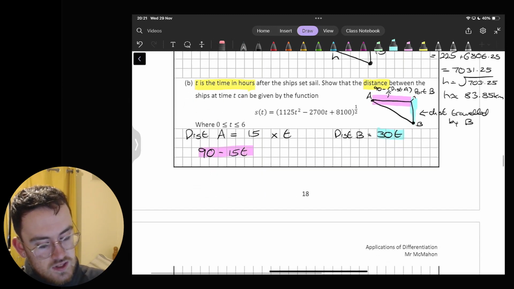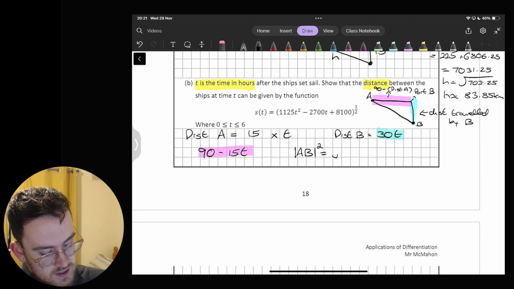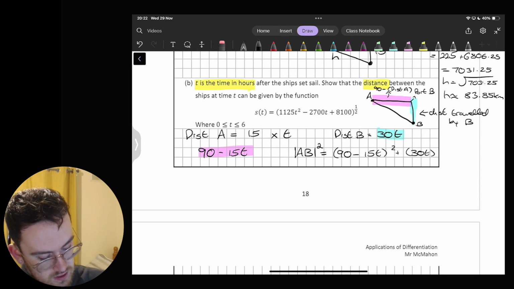Okay, we need to use this now to find the distance between A and B at all times. So that distance squared is (90 minus 15t) squared plus (30t) squared.